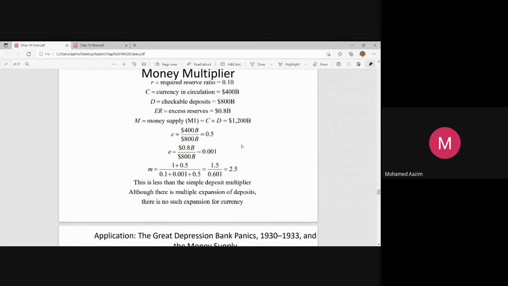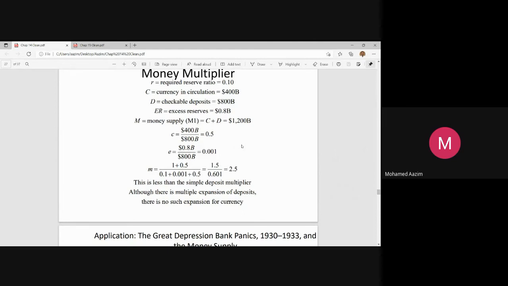So deposits could have multiple expansion possibilities, but there is no such expansion when you hold the deposits in currency form. Currency does not have expansion. You take it out and hold it in your hand, that's it. Money supply is one-to-one then.